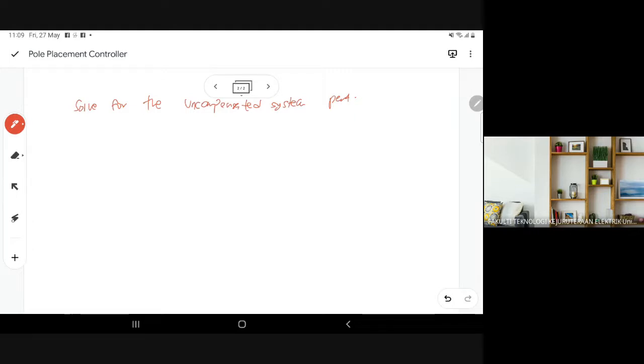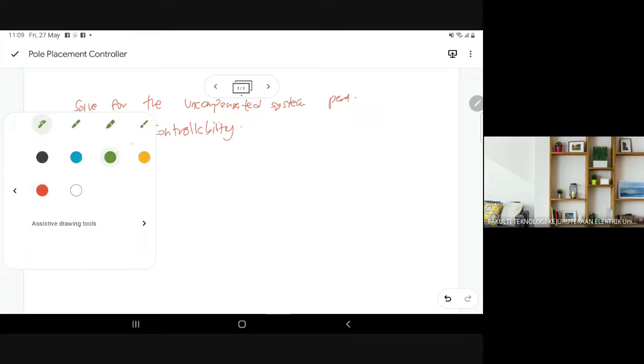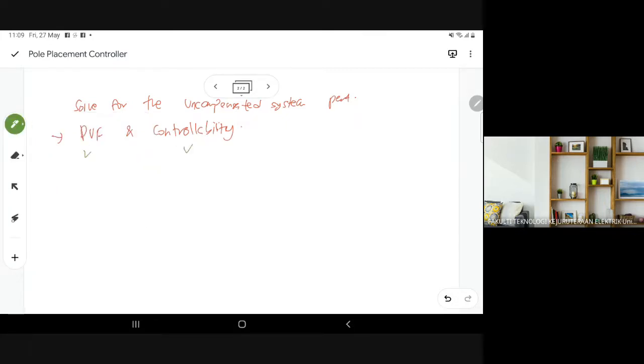Okay, firstly, before we go to this part, we need to check or convert the system to the phase variable form and check controllability. We already did these two processes, and the system is controllable. So now we can proceed to solve the question.